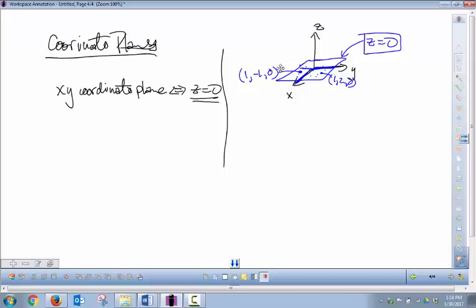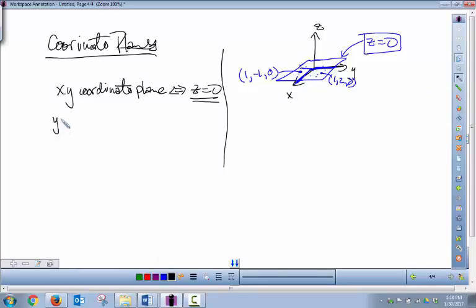Notice that the xy coordinate plane has a z that's equal to 0. And so if we take that logic along with us, the yz coordinate plane can be described as how? Take a guess?